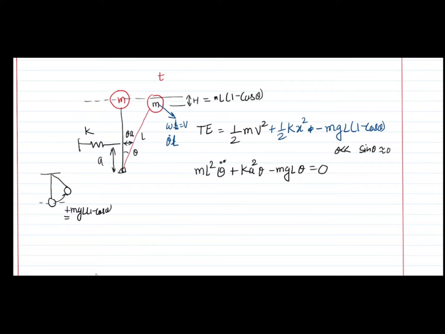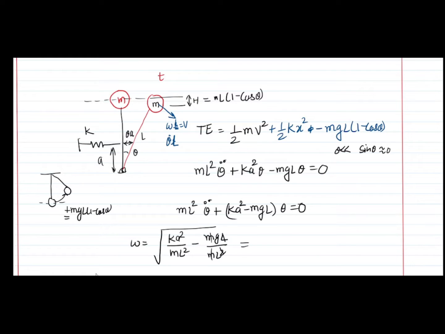If I rearrange the terms, I will get m l square theta double dot plus (k a square minus mgl) theta is equal to 0. If I write the expression for the natural frequency, it will be k a square by m l square minus mgl by m l square. This l will cancel out and m will cancel out.